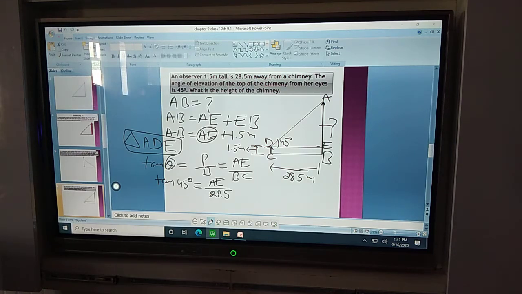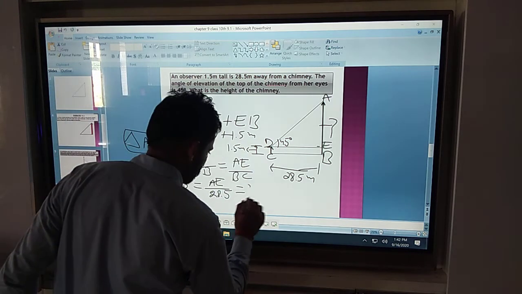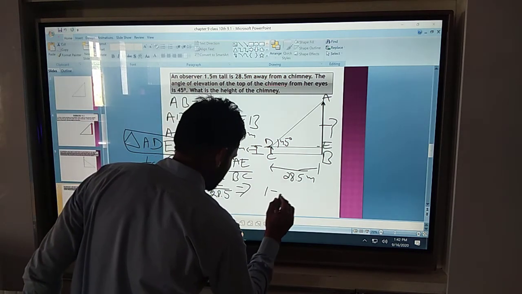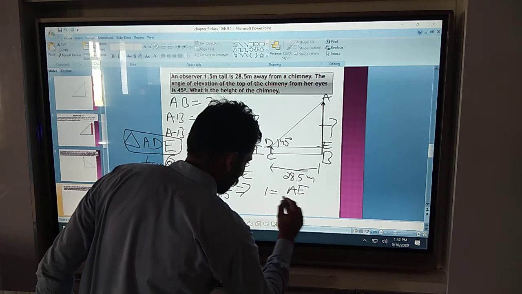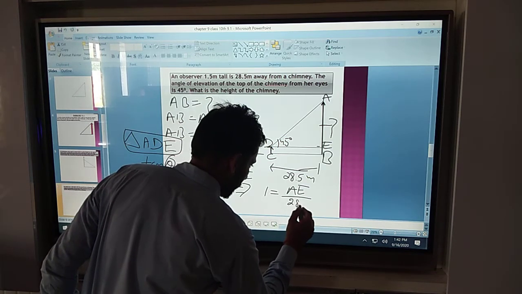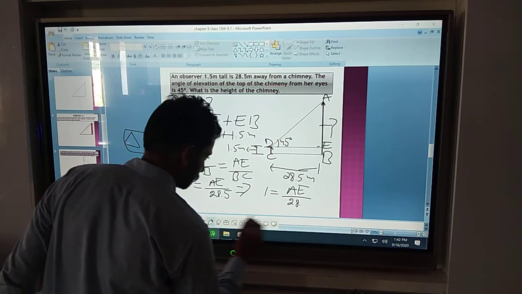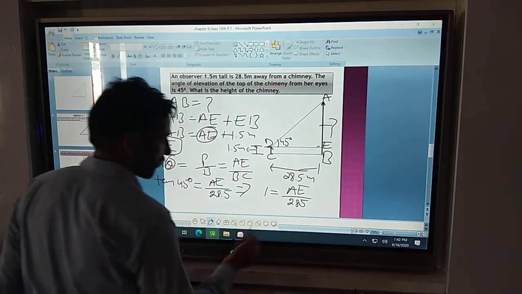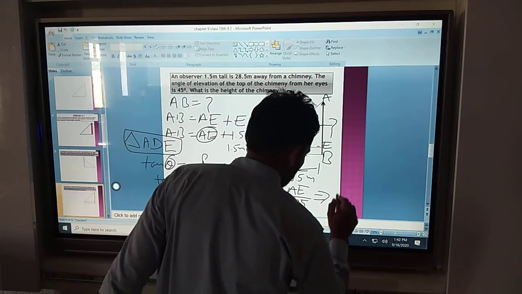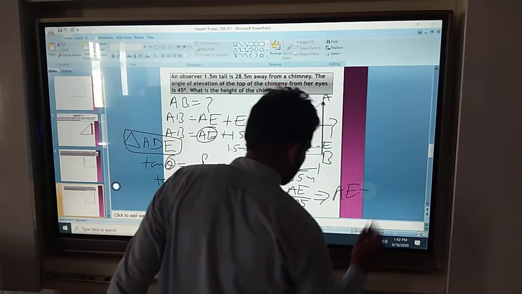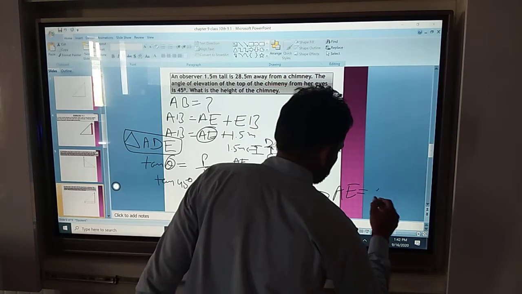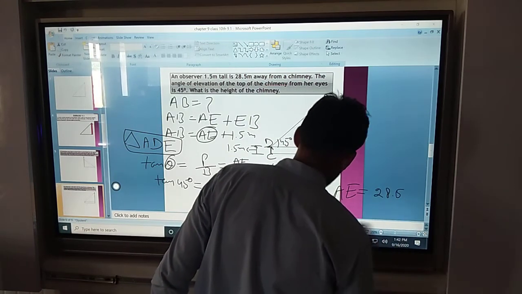We know the value of tan 45 is 1. Therefore, 1 is equal to AE over 28.5. From here, AE is equal to 28.5 meter.